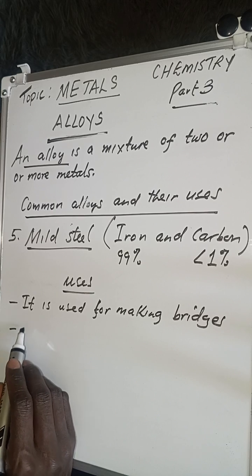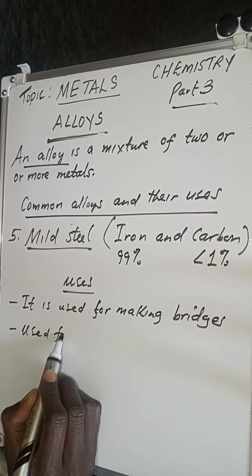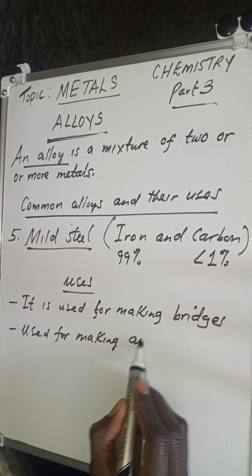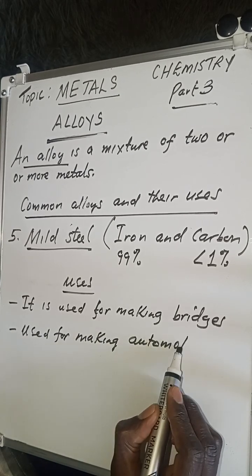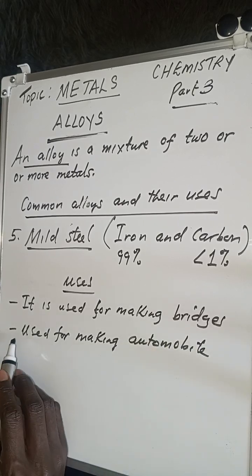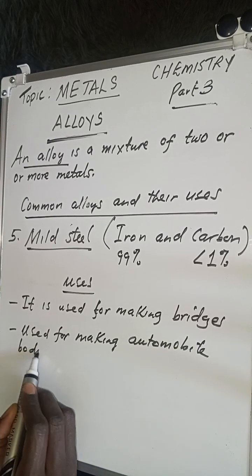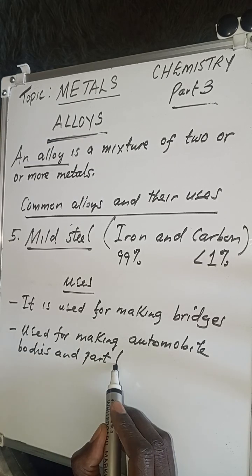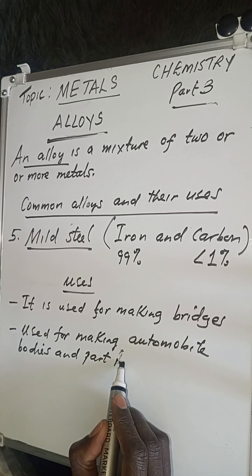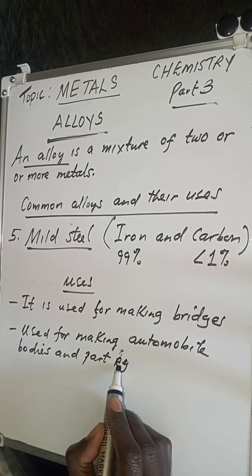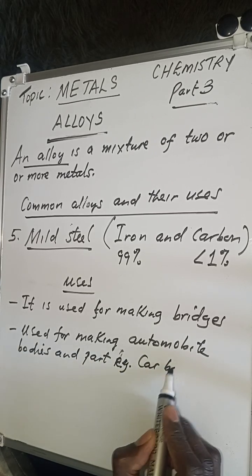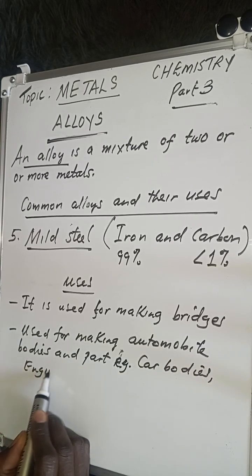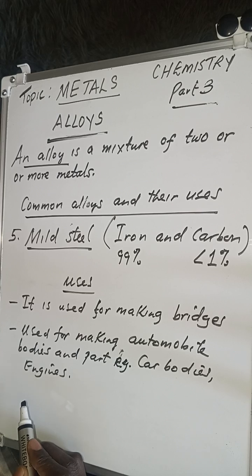Then you can also say it is used for making automobile bodies and parts. For example, you can use it in making car bodies. You can actually use it for making sometimes engines.